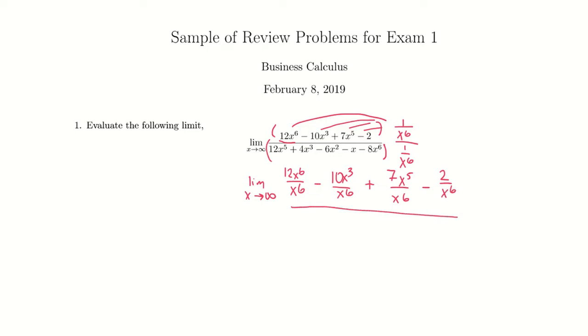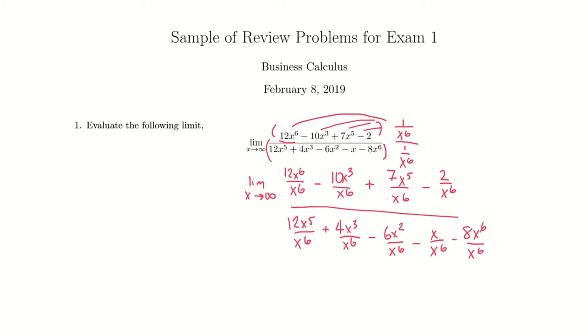The denominator becomes 12x to the 5th over x to the 6th plus 4x to the 3rd over x to the 6th minus 6x squared over x to the 6th minus x over x to the 6th minus 8x to the 6th over x to the 6th.